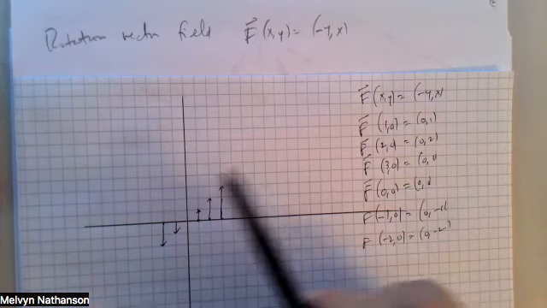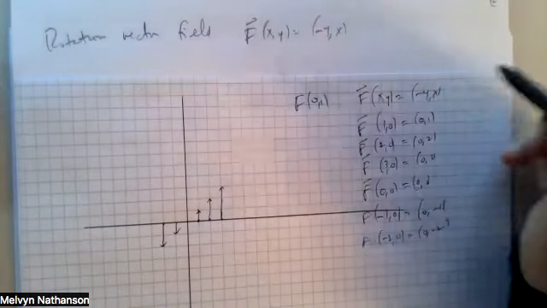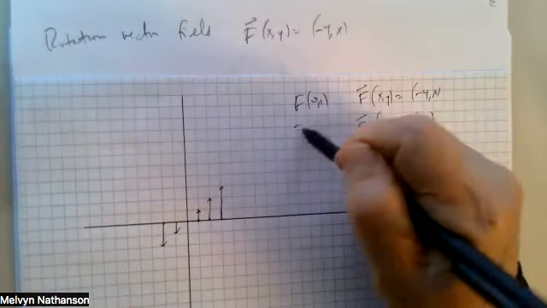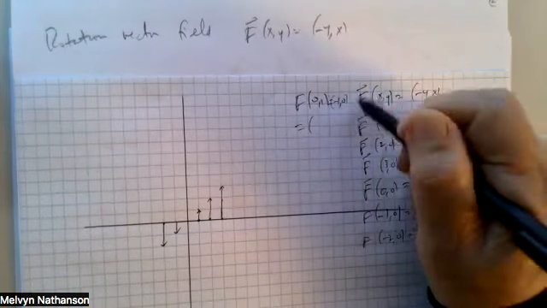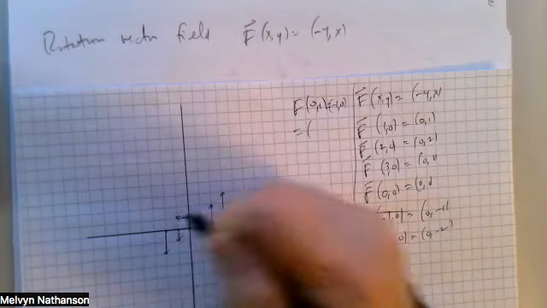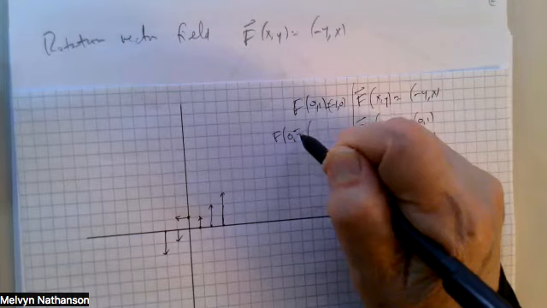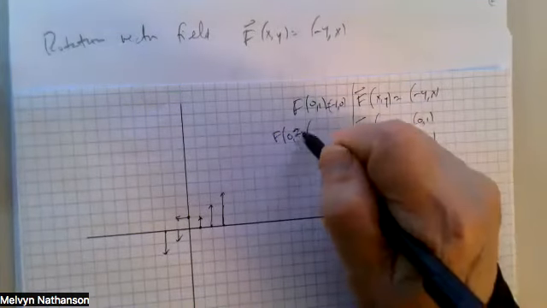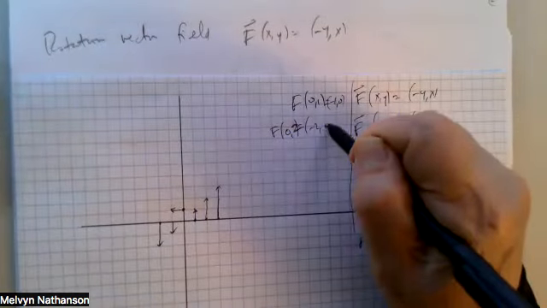Let's see, what about on the y-axis? F of 0, 1 is minus 1, 0. F of 0, 2 is minus 2, 0.